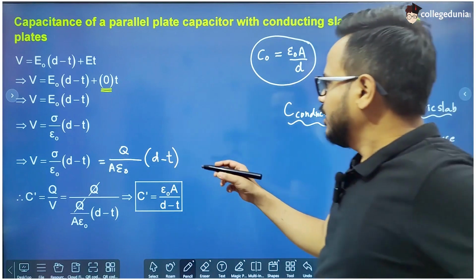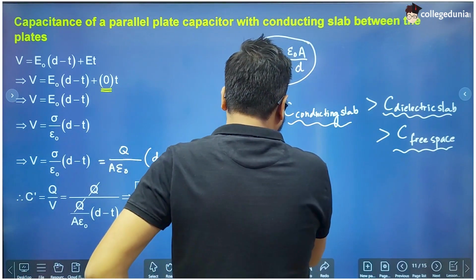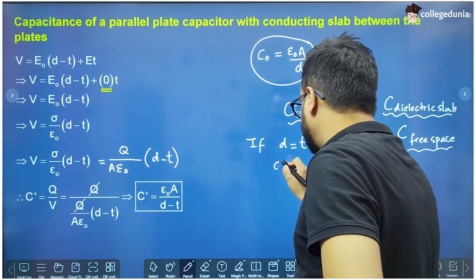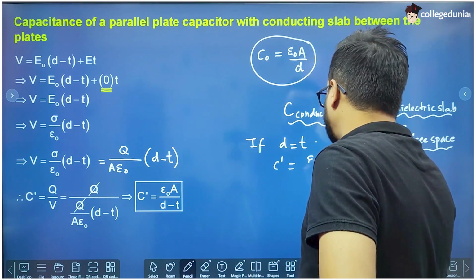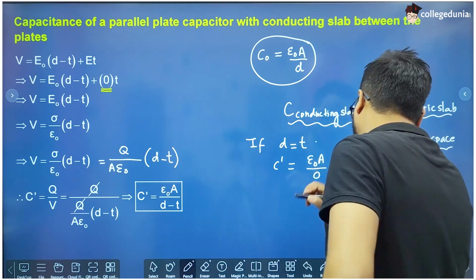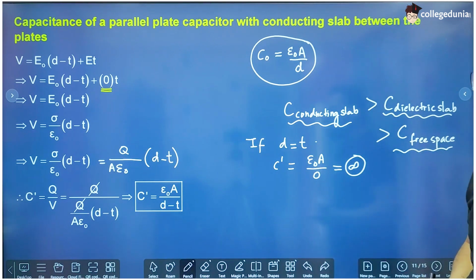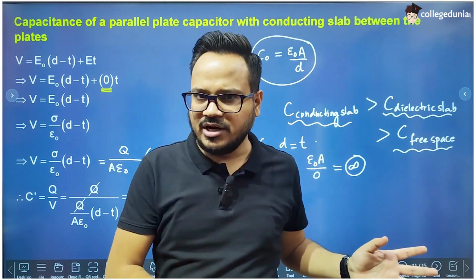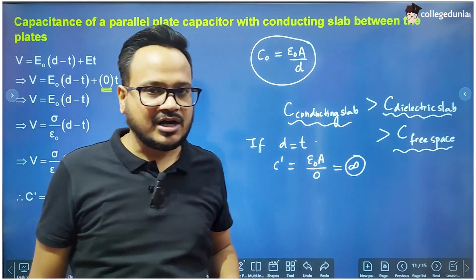And here, if D is equal to T, in case of conducting slab, what happens? C dash becomes epsilon naught A by 0, that is infinity. The capacity becomes infinity, which doesn't mean that the capacitor is going to store an infinite amount of charge. It simply means that since the plates were already conducting and this slab is touching the plates, this is a whole block of conductor.